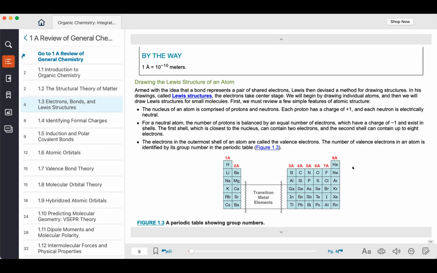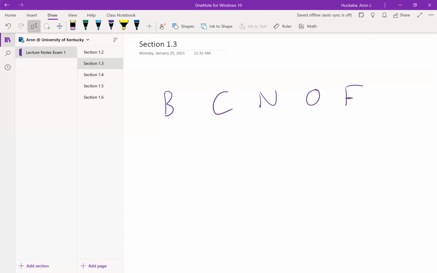So we can look at this on the tablet and see that for boron, we would draw in its 3 valence electrons like so. For carbon, we would draw in its 4 like this, going around the atom each time. For nitrogen, it has 5, so we would draw the 5 like this.